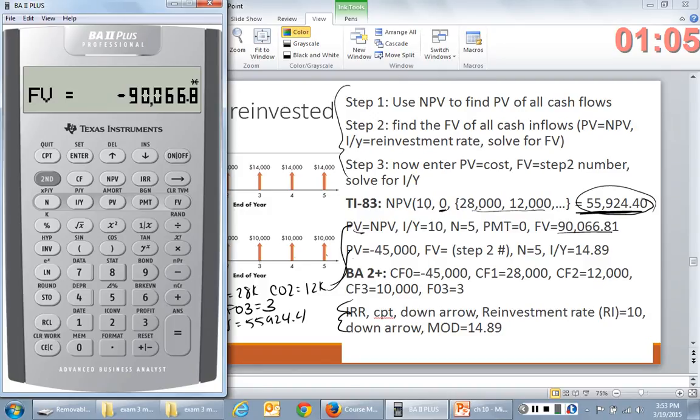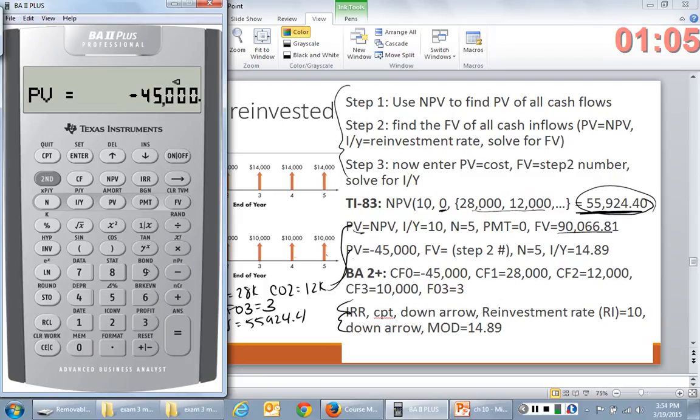So remember the way your calculator works. Either the present value or the future value has to be negative. So here, you push the clear button and you clear your time value of money. We enter in the cost as a negative present value of $45,000. That's the cost of this project.